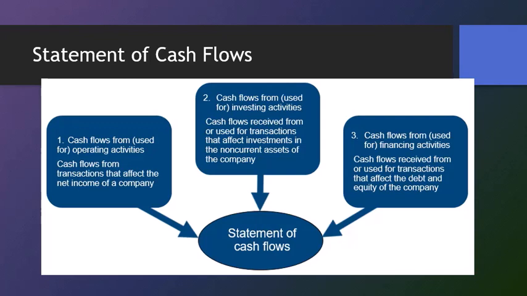Okay, so in order to make this statement optimally useful to financial statement readers, cash flows are divided into 3 categories: operating activities, investing activities, and financing activities. Okay? Operating activities are those cash flows related to a company's core business operations.